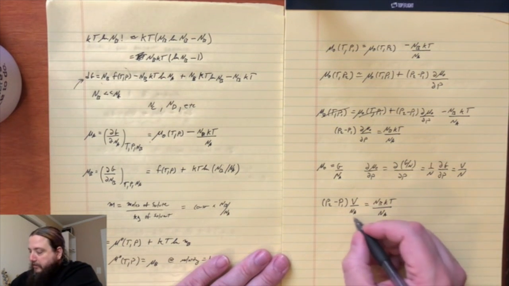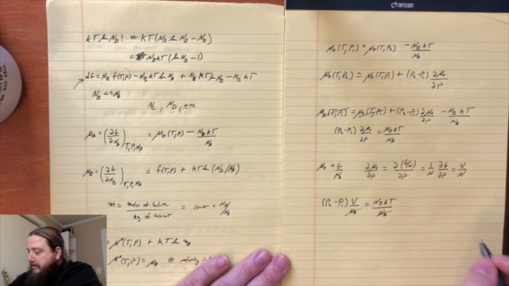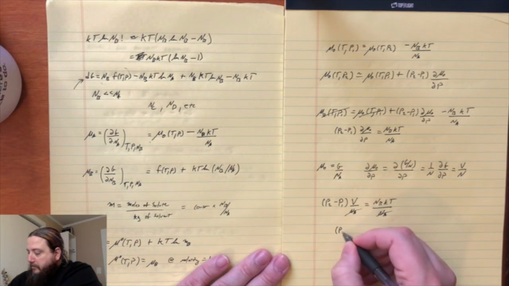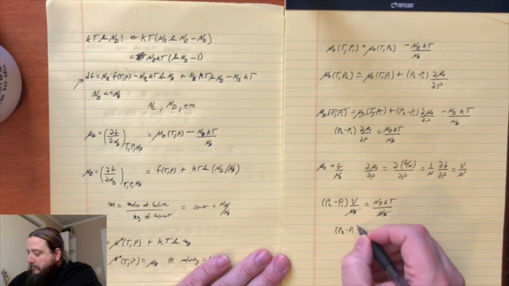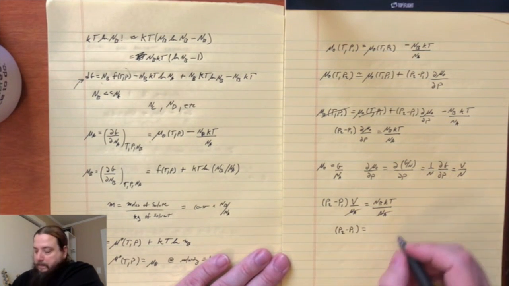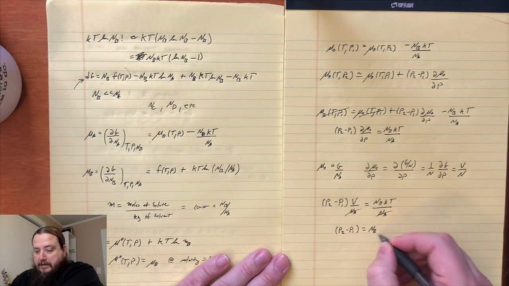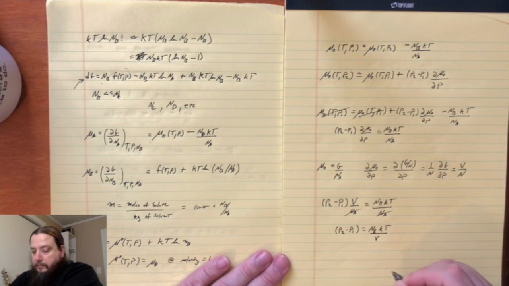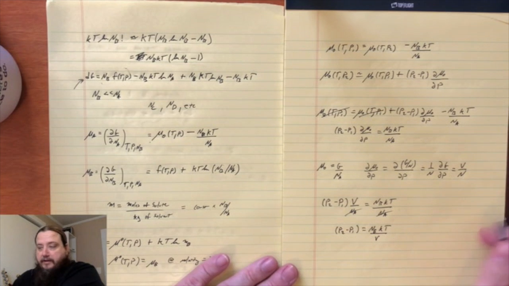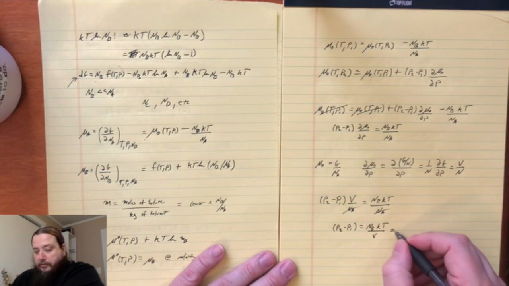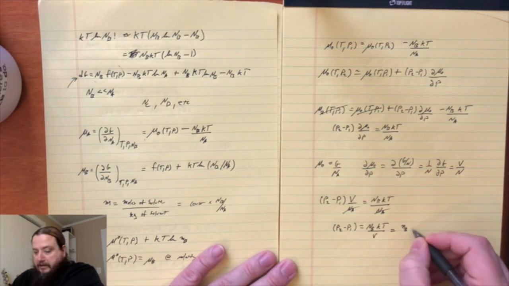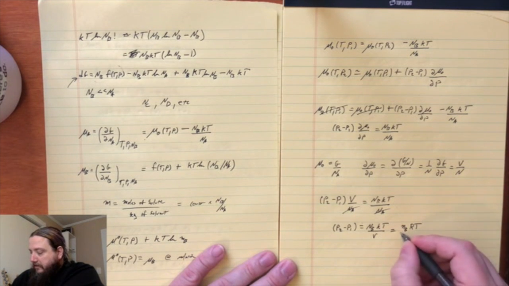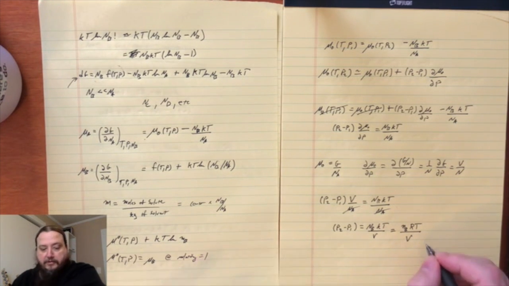And therefore, canceling out those N_A's, we can say that the pressure difference is N_B kT over the volume, or if we wanted to write it in terms of moles, it would be little n_B times RT over the volume.